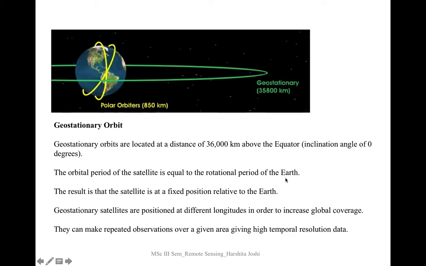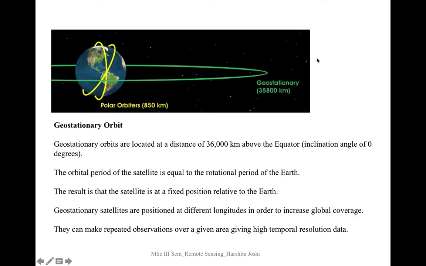The result is that the satellite is in a fixed position relative to the Earth. These are positioned at different longitudes in order to increase global coverage. So we have various geostationary satellites which give us data of particular locations. They make repeated observations over a given area only.